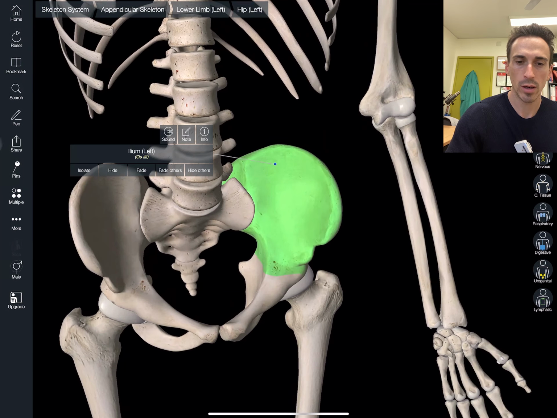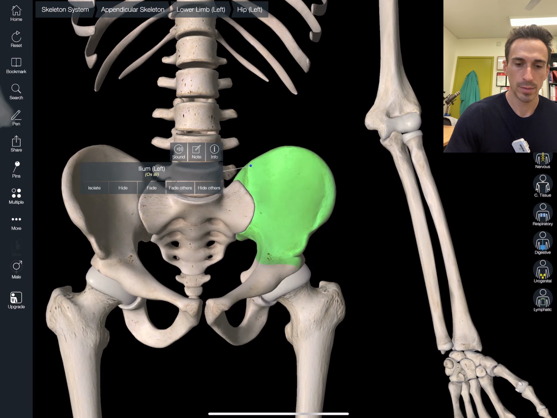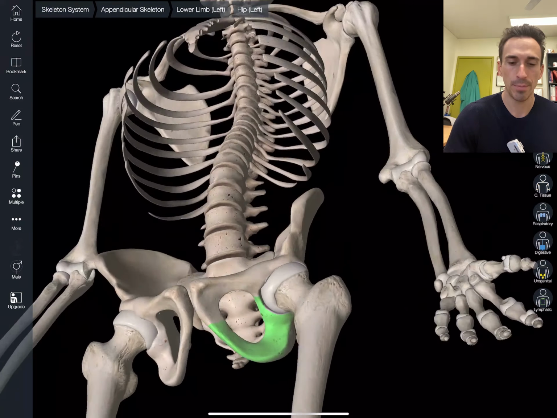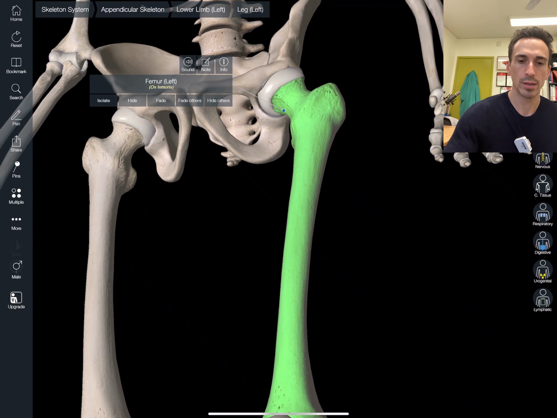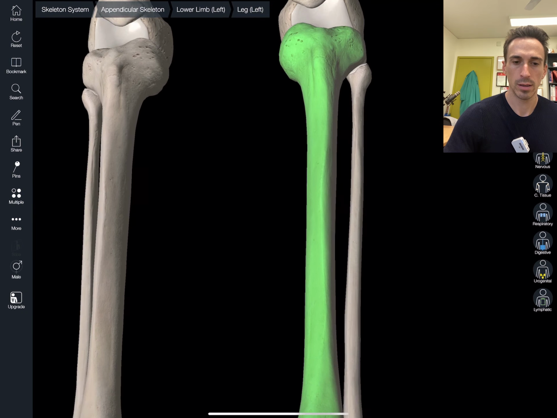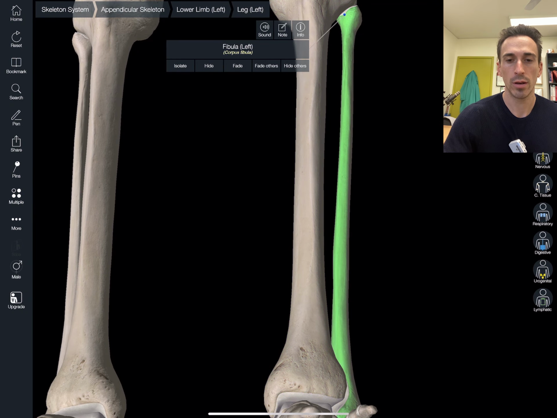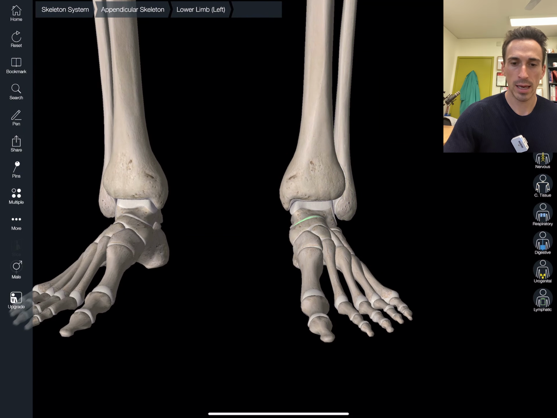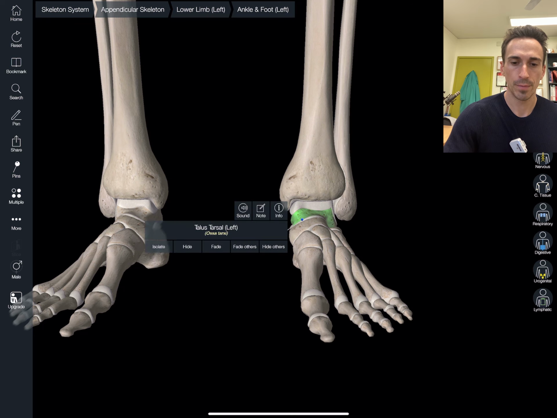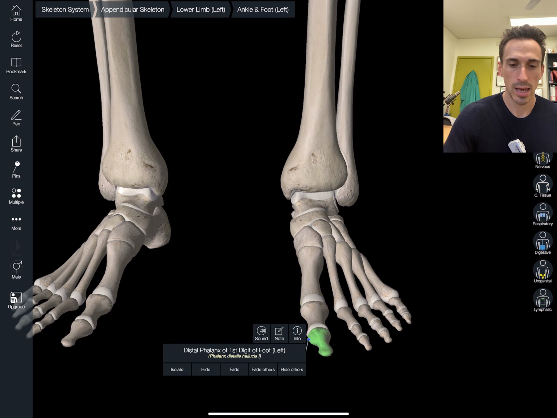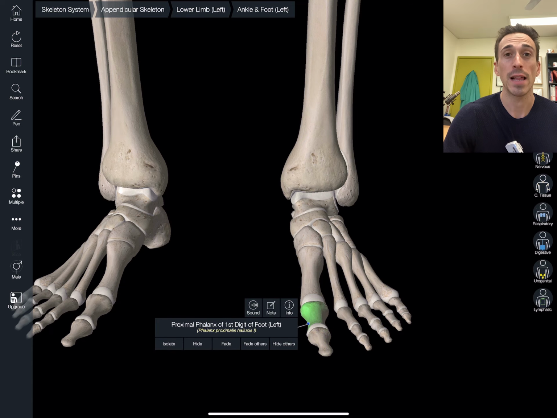Then when we look at the hip, we're looking at the ilium, the pubis, and the ischium. Then we've got the lower limbs, which is going to be the femur, the tibia, which is our shin bone, and the fibula, and then bones of the ankle, and then bones of the feet, which is going to be tarsals and phalanges as well.